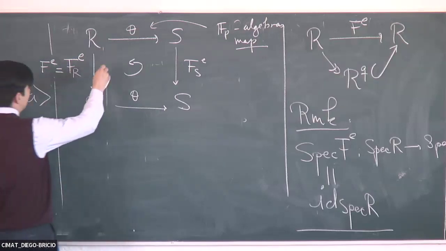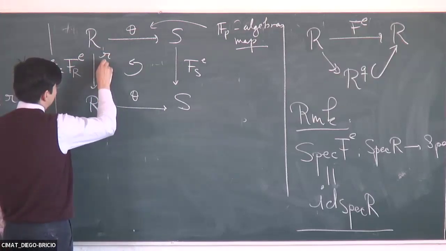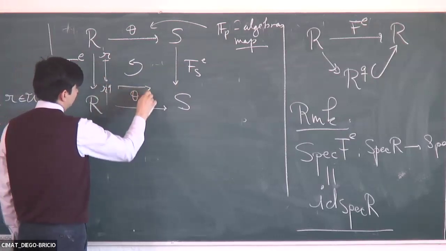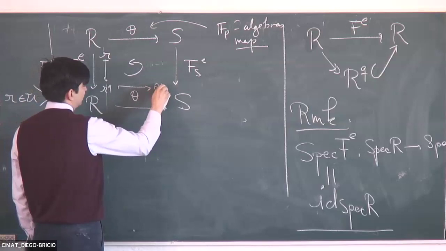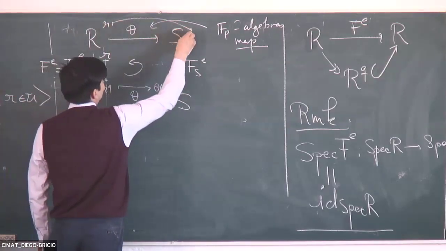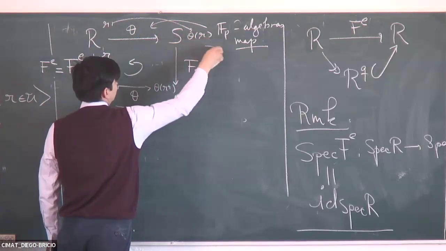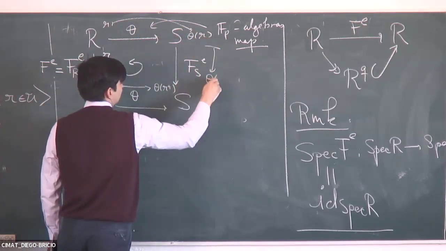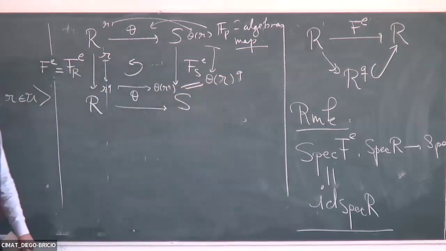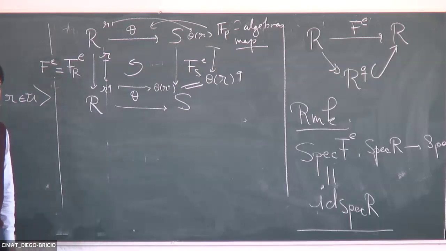Because if you have r, you can raise it to the qth power. If you send it here, you get phi of r to the q. But if you do it this way and then send it back here, these two things are equal. So it is commutative, and sometimes it is Cartesian, sometimes it's a fiber product.